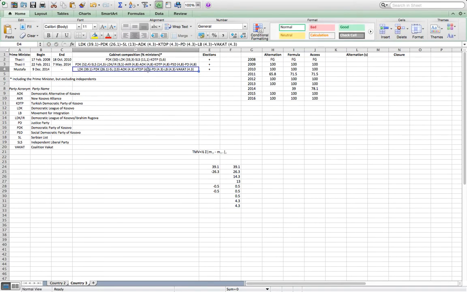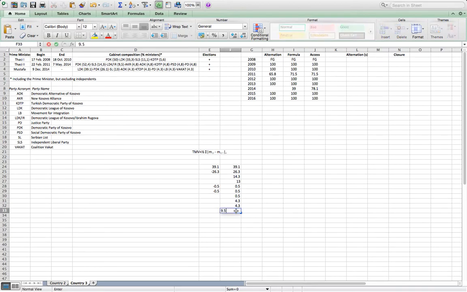So we are done with all the parties in 2014, but we also have to look at the parties of 2011. We have already done SLS, because we had to compare it with SL, given the similar acronyms. We have the Ibrahim Rugova LDK, you see here, they were not in government before, 9.5. AKR, New Kosovo Alliance, they were not in 2014, okay, 4.8. ADK, we have already done it. The Turks, we have already done it.